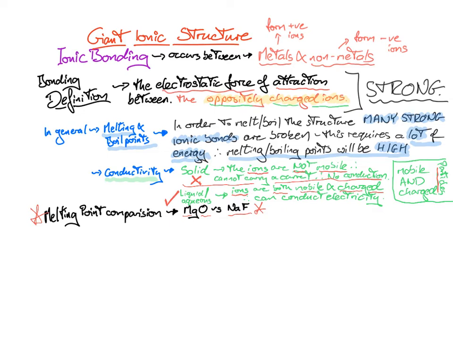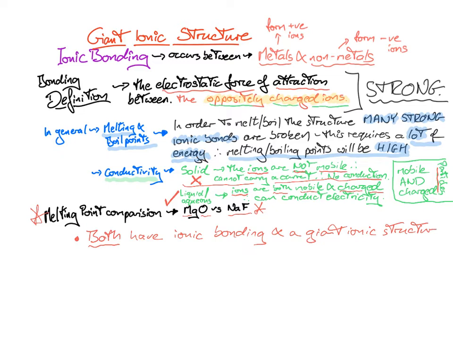Now, the first thing you do whenever you're doing a comparison question on melting points or boiling points is you look to see what sort of structure we have. And here, both have ionic bonding and a giant ionic structure.